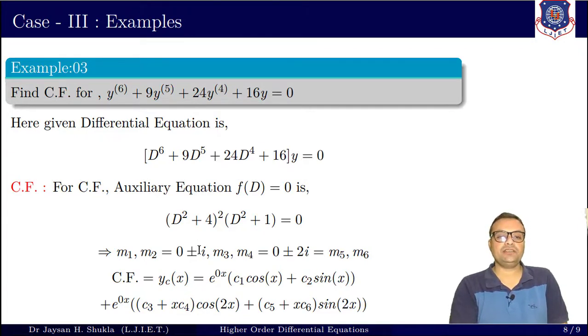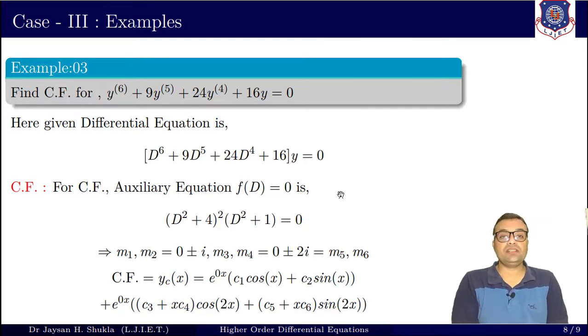Now taking another part for this repeated complex pair. It is e raised to 0x, in brackets cos of 2x, sin of 2x, and for the repetition of the roots I am taking c3 plus x c4, c5 plus x c6. So this is how you can deal with repeated complex roots.